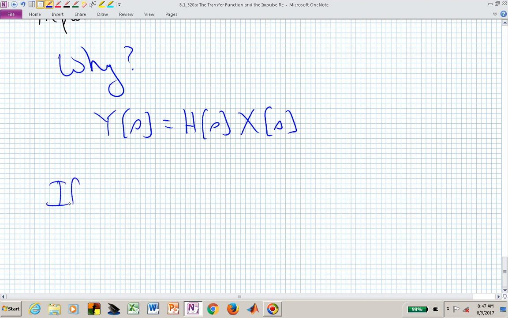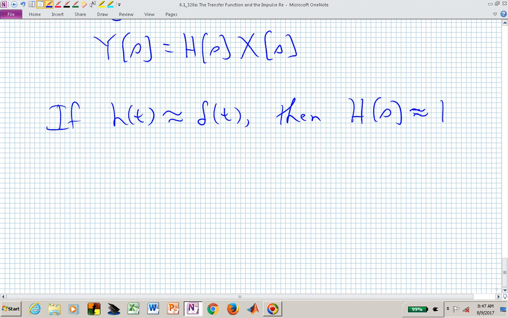Now, if little h of t is very close to delta of t, then capital H of s, we've already found what the Laplace transform of the impulse function is. That's just 1. So now this capital H of s would look almost like 1.